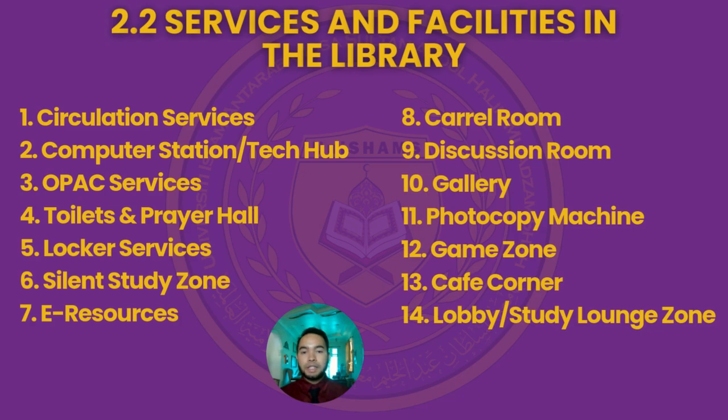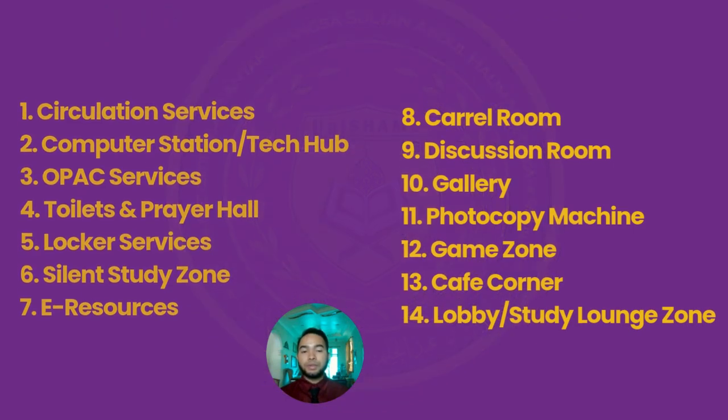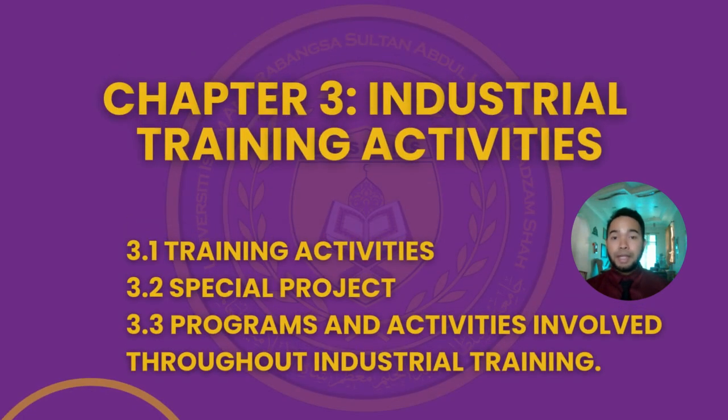Those services and facilities are circulation services, computer station and tab hub, OPAC services, toilet and prayer hall, locker services, silent study zone, e-resources, carrel room, discussion room, gallery, photocopy machine, game zone, cafe corner, and lastly, lobby, which is a study loop zone.